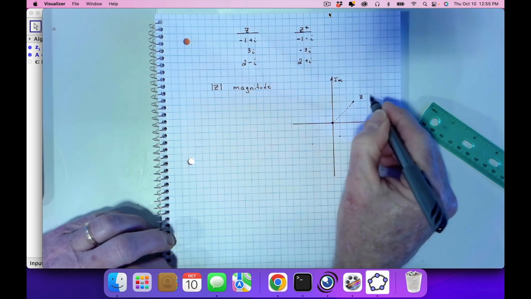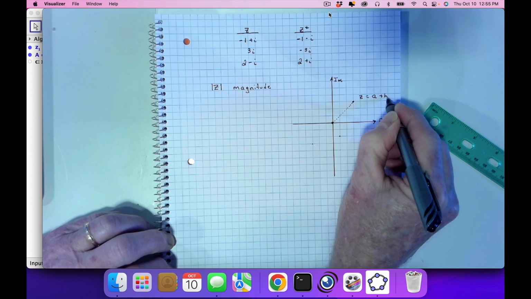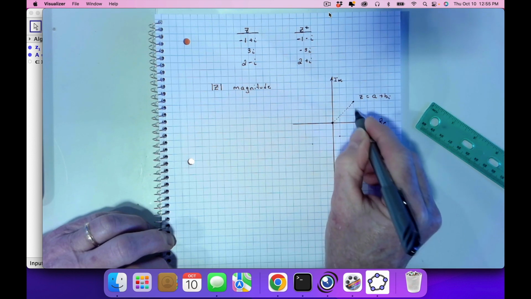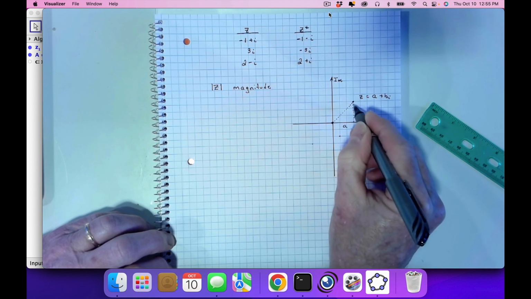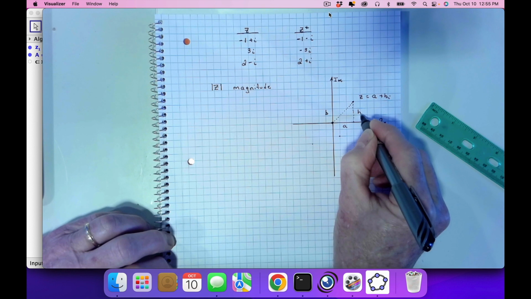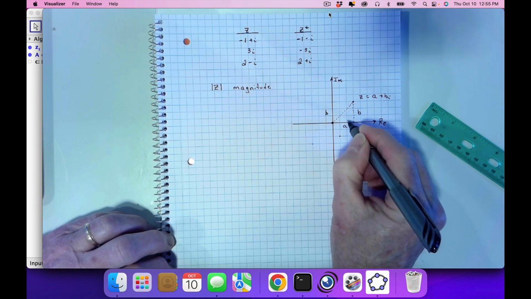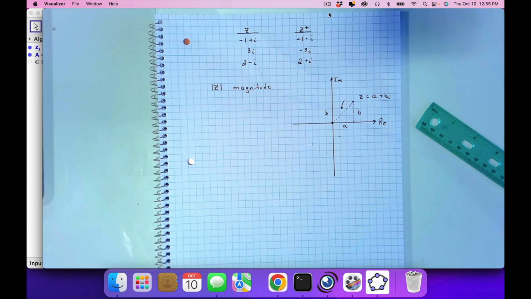So this number right here happens to be a plus bi, meaning that the real part is a and the imaginary part is b. We can construct a triangle to see what the magnitude of that complex number is.